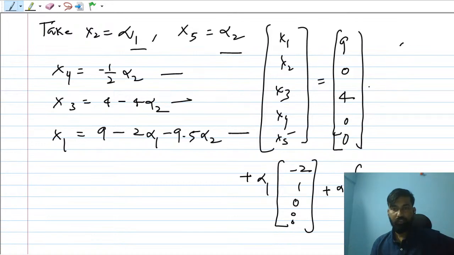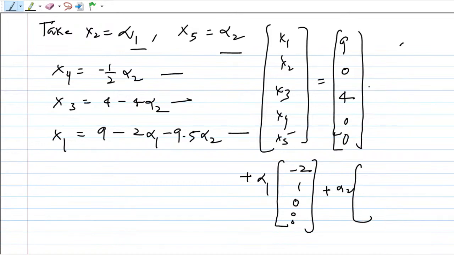Yes, so alpha 2 you can write this as minus 9.5, 0, minus 4, minus 0.5, and this is 1. Okay.